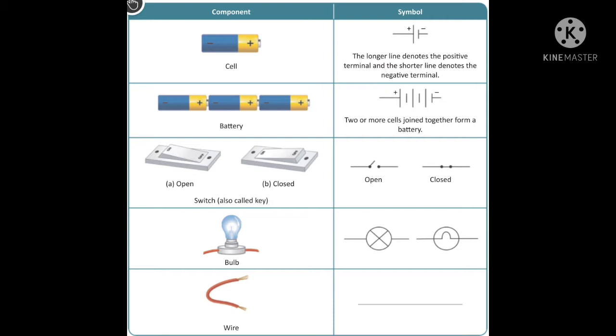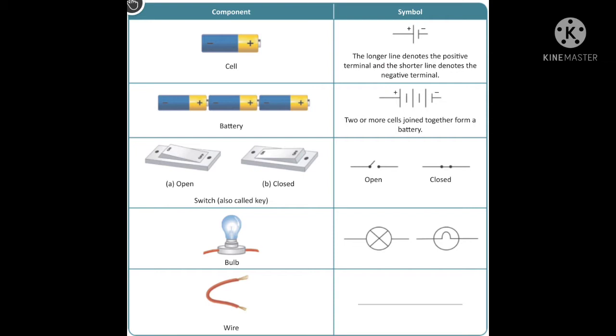After that, we saw some basic components of an electric circuit and its standard symbols. I hope that you have learned how to draw the symbols of those basic components. Next, we saw the important points to remember while drawing a circuit diagram. What are the 3 points I said?